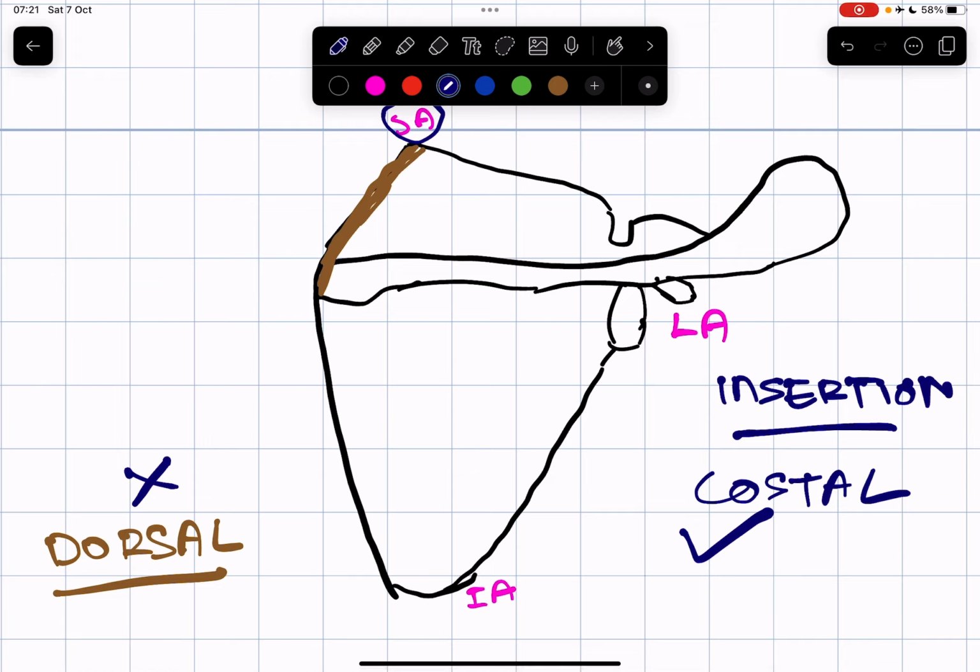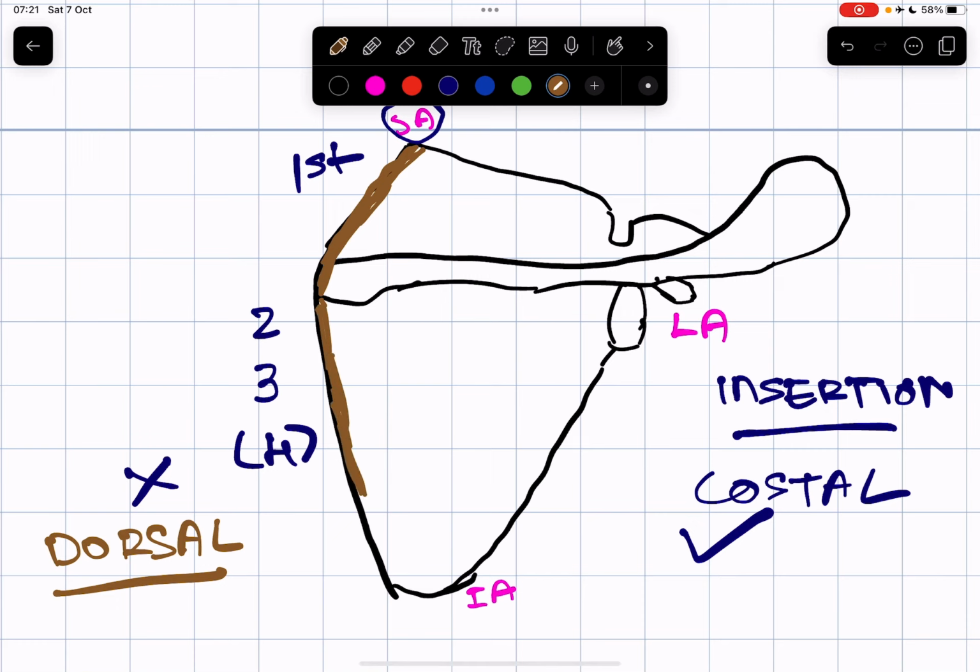Now the remaining digitations. So here is the first digitation, remaining second, third, sometimes the fourth one will be inserted again to the medial border along the costal surface, like the second, third, fourth.